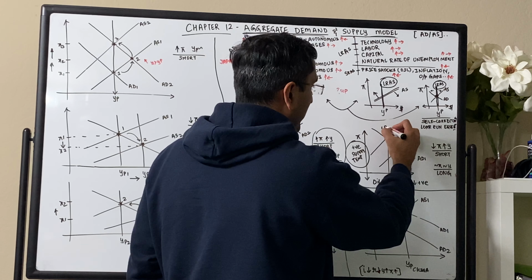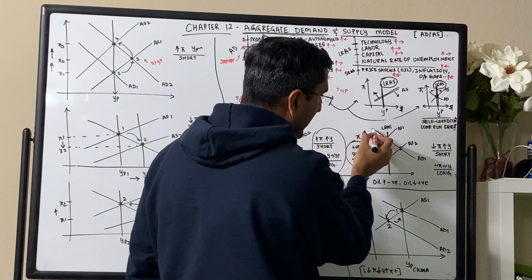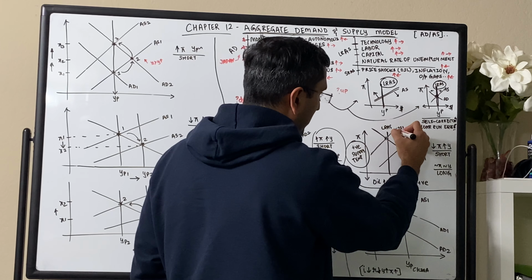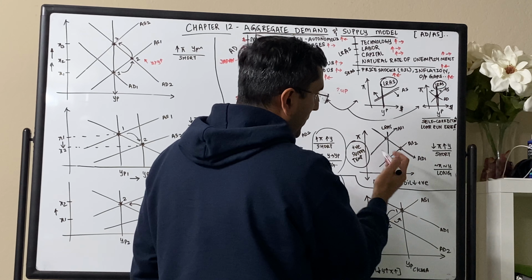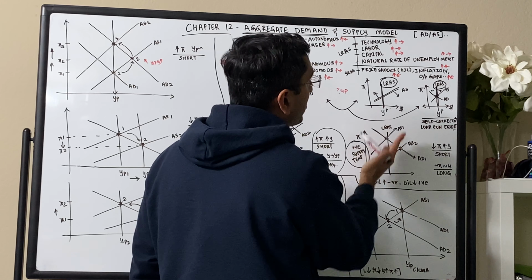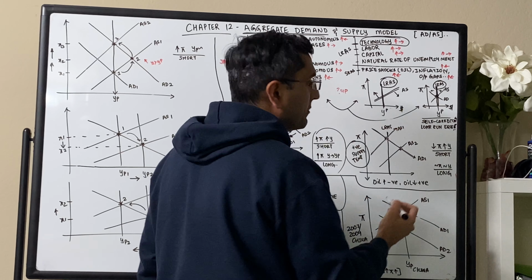We have the long range aggregate supply, this curve here, and let's say our aggregate demand was AD1, aggregate supply was AS1. But then when there is a positive supply shock, let's say there was a technology improvement, right? This one. Let's say we have a positive technology improvement.